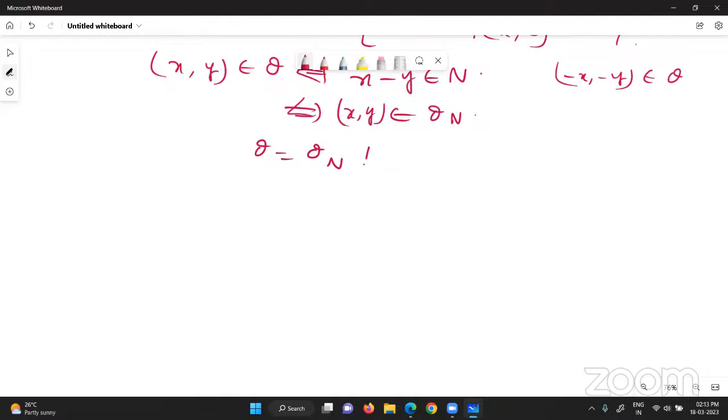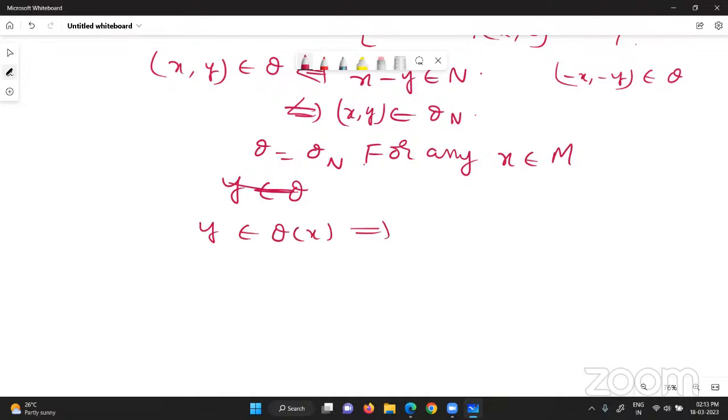And also for any x belongs to M, y belongs to theta x if and only if (x, y) belongs to theta. This is if and only if x minus y belongs to n.